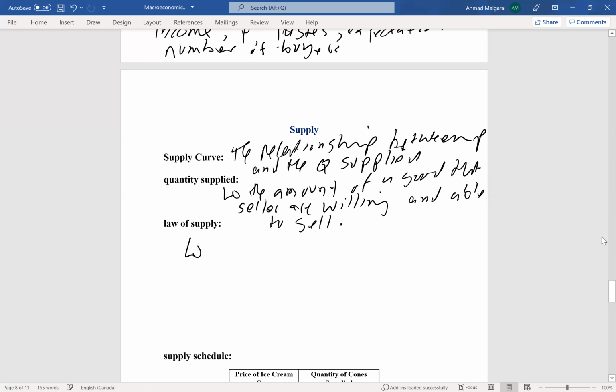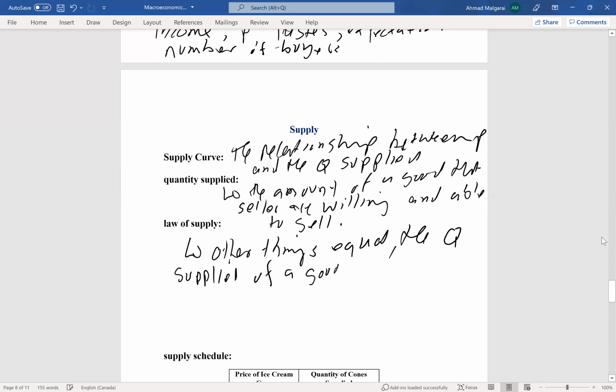The law of supply claims that, other things equal, the quantity supplied of a good rises when the price of the good rises.